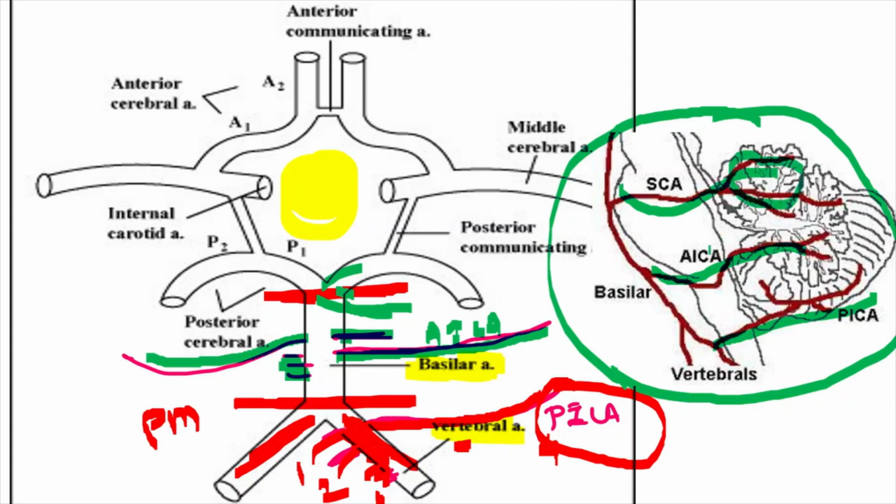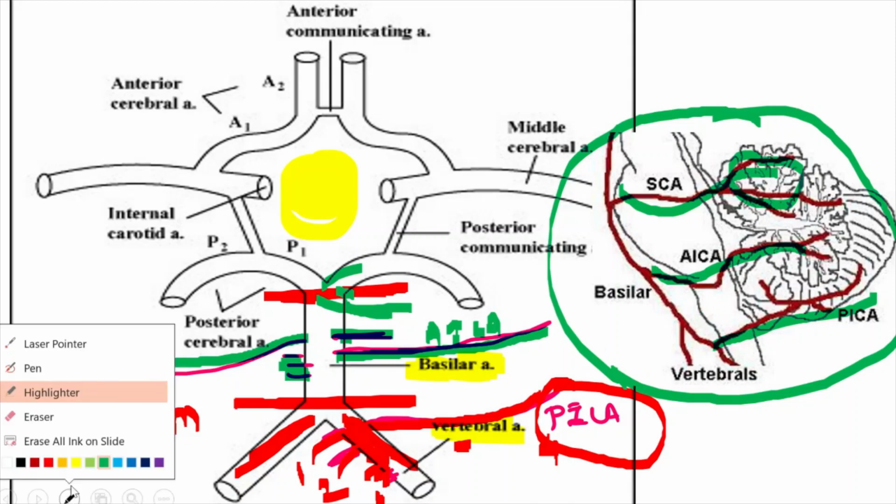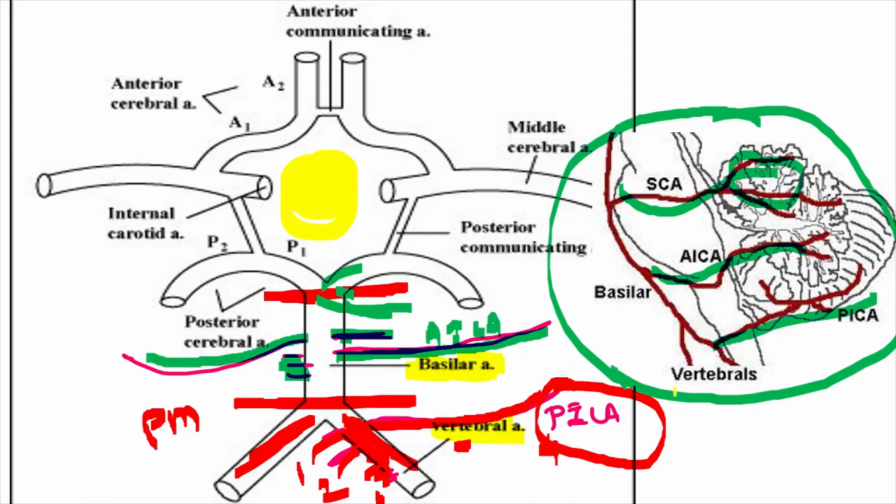Mainly the cerebellum. The brainstem is also mainly supplied by these. The applied anatomy of this is the lateral medullary syndrome and the median medullary syndrome. The features depend on which vessel is involved and which side is involved. So this image is very, very important.